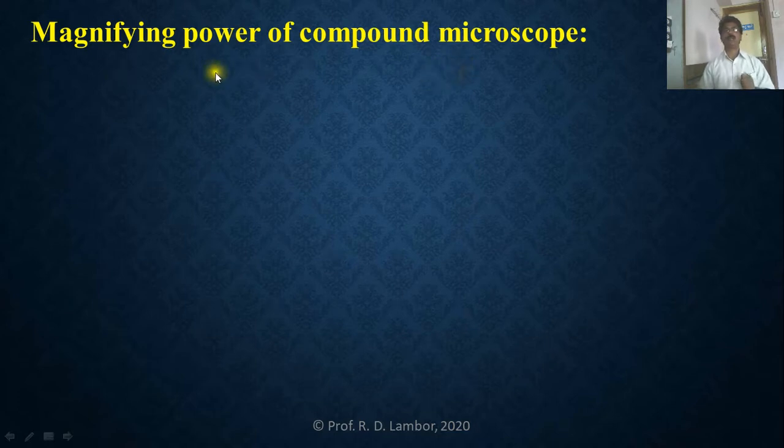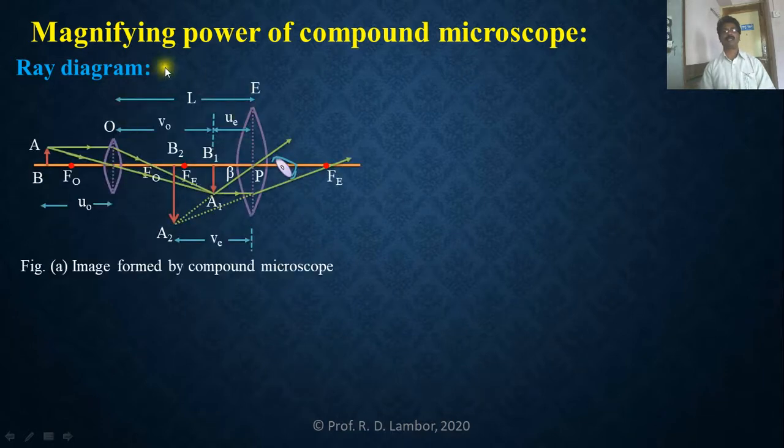So first of all, we will go through the ray diagram which explains image formation by the compound microscope. See here, this is the ray diagram which explains the image formed by a compound microscope.